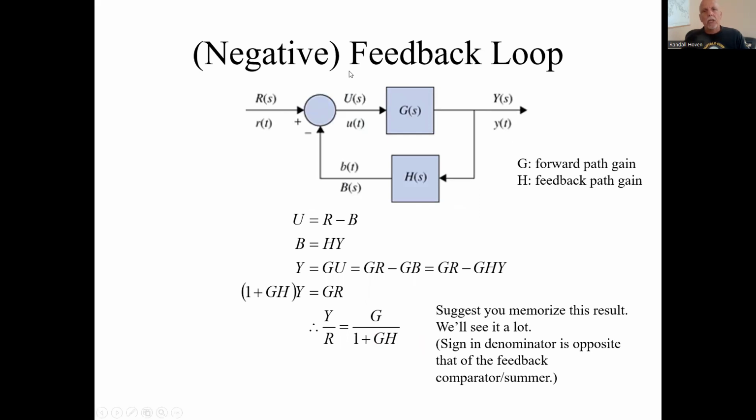Now here is a loop that's going to be very important. This is your basic feedback loop. And technically it's a negative feedback loop because of this sign here. I like to think of this mentally as cruise control. This is the speed you want your car to go at.